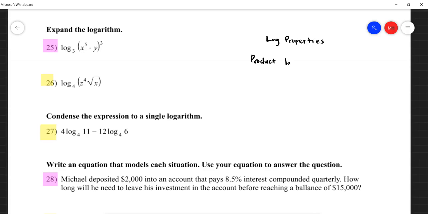Product says if we have log base b of m times n, we can split it up with addition and get log base b of m plus log base b of n. The second property is quotient.